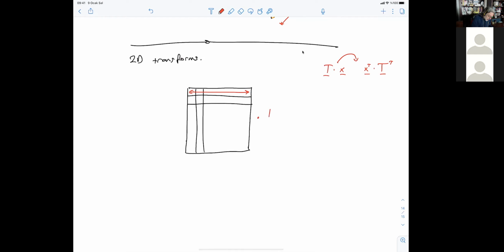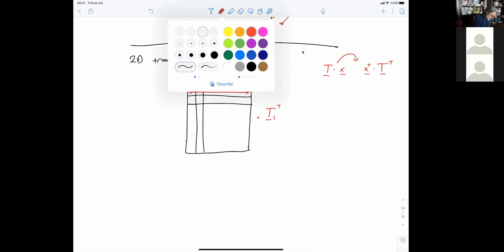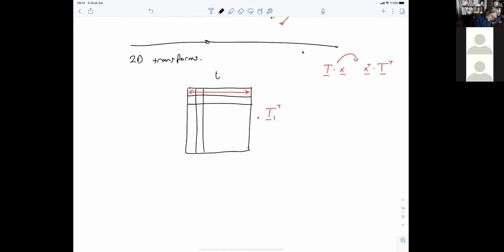I am going to call it T1 transpose. So this matrix needs to be multiplied from the right-hand side. This matrix is, by the way, I have to say X. This X matrix is multiplied from the right-hand side with T1 transpose. T1 is the transform that applies to the rows then.